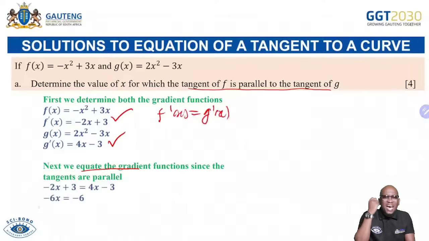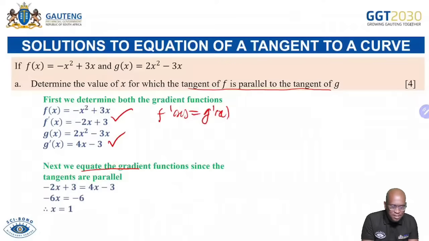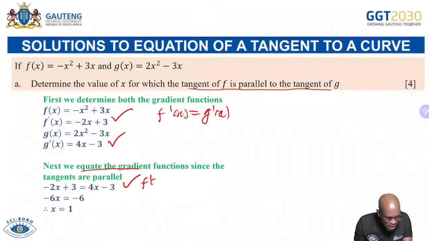We transpose the other 3 to the right-hand side to get negative 6, so that x becomes 1. Very nice and interesting question. So you've worked out the value of x. Equating f prime of x to g prime of x, you get a mark, and then you get a mark for the answer.